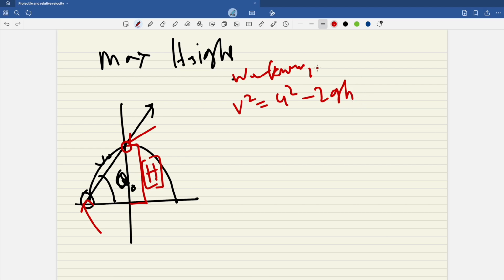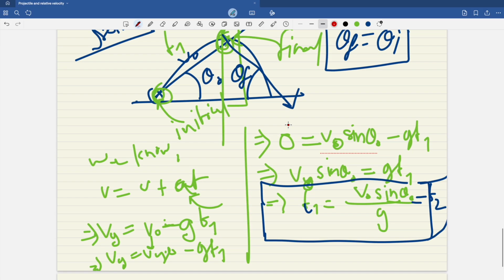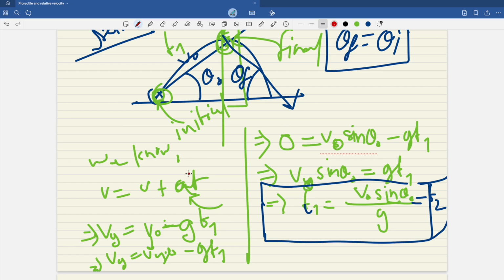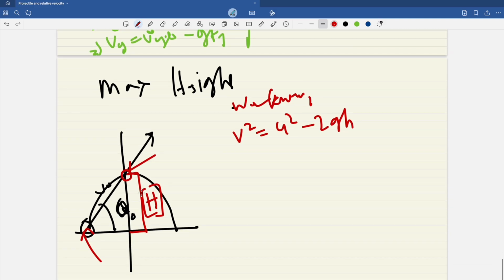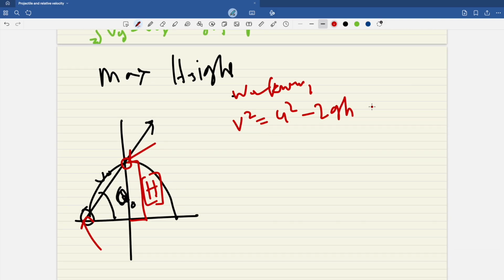That is why the equation we wrote before, v equals u plus at, had no height variable, but this formula has the height.